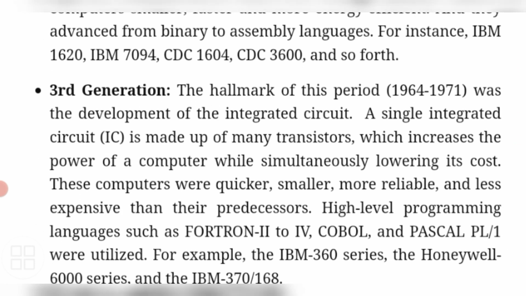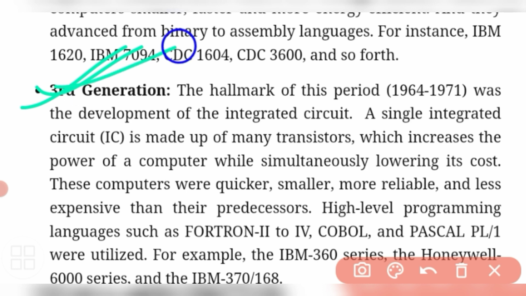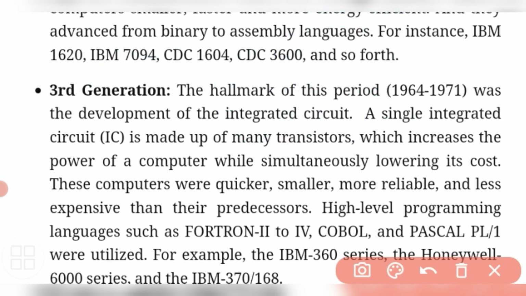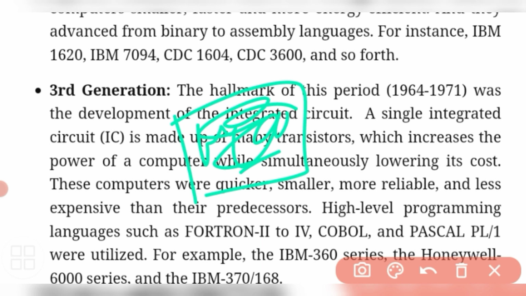The next was the third generation. This was a revolutionary generation, because in this generation the integrated circuit was introduced. The hallmark of this period, 1964 to 1971, was the development of the integrated circuit, which we know as IC. We can see ICs in so many devices. A single integrated circuit is made up of many transistors. Connecting lots of transistors individually would take too long, but this was a small chip, and in this chip there were millions of transistors.